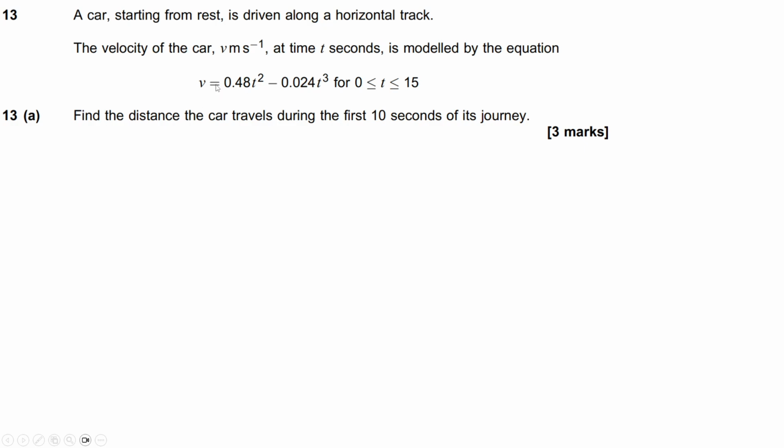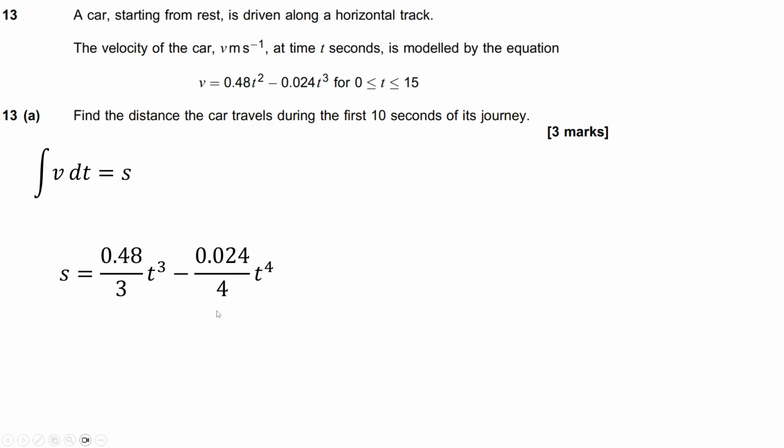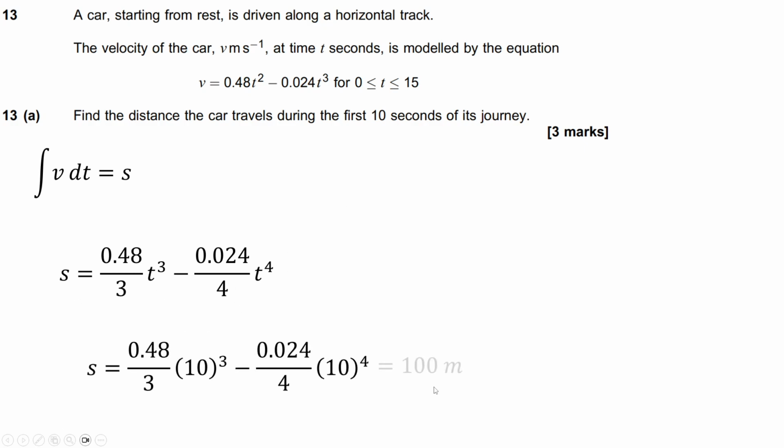So if you do the opposite, if you take the antiderivative, in other words the integral of velocity, you'll get the displacement, which is s. So the integral of velocity with respect to time is s, and then integrate all of this. I've actually just written it in the most lazy way possible because I didn't have a calculator. Well, I mean I did, but I just couldn't be bothered to write it in. And put this into your calculator with t equals 10. You'll get 100 meters, which is a nice answer.